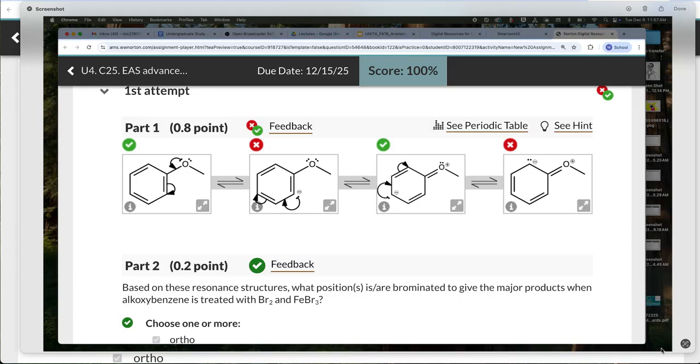Sigma structures are after you've done that electrophilic addition, which means your benzene ring will have a positive charge on it. In this particular case, what we're trying to do is get a feel for what atom X would do to the reaction. Atom X in this case would be that oxygen.